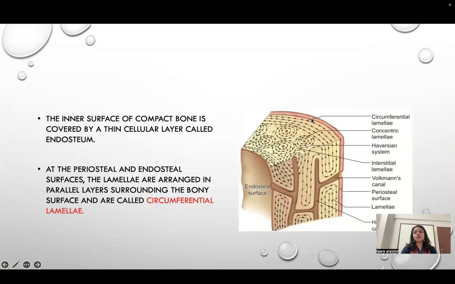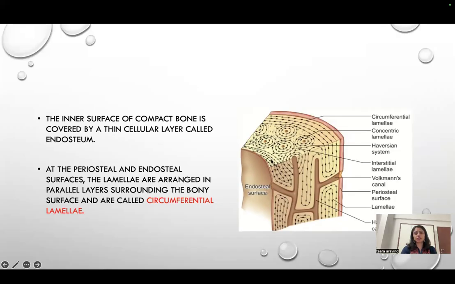Just inside, the inner surface of compact bone is covered by a thin cellular layer called the endosteum. So the outermost portion is lined by periosteum, and the inside, facing the medullary cavity, you call it endosteum.